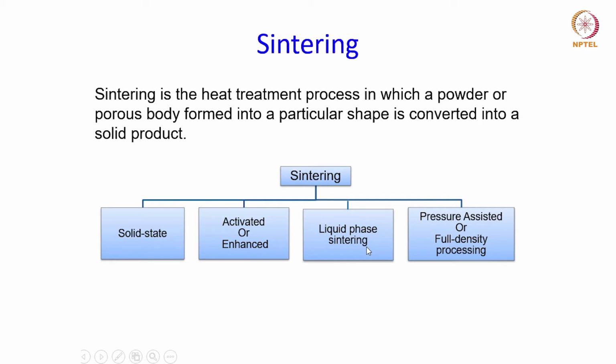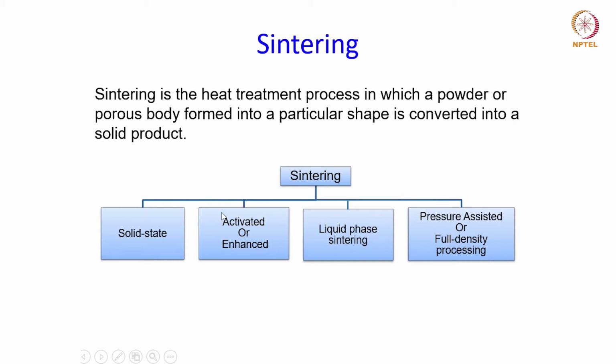And then depending on the material, at times the sintering is also done under the application of an external pressure. Those are the pressure assisted sintering processes, in which a full density is obtained, and therefore these processes are also known as full density processing.